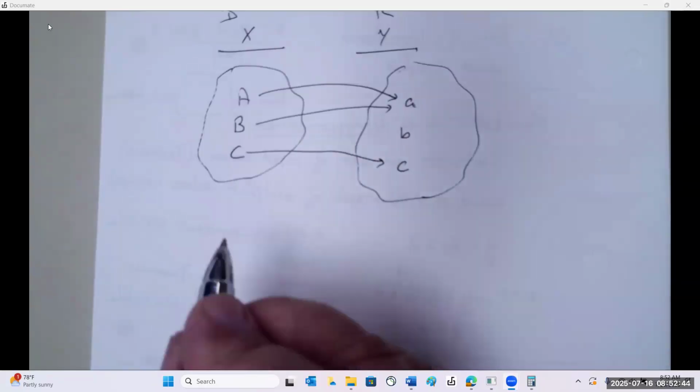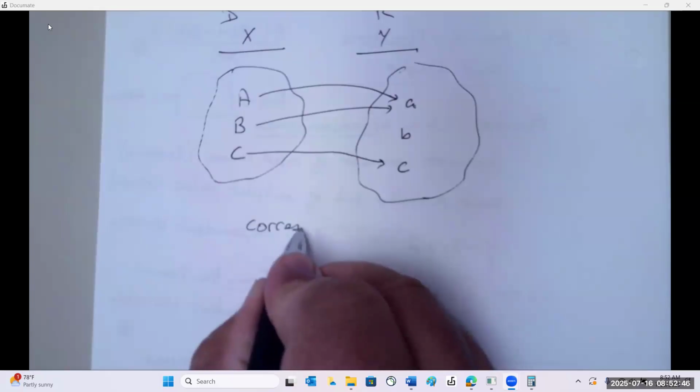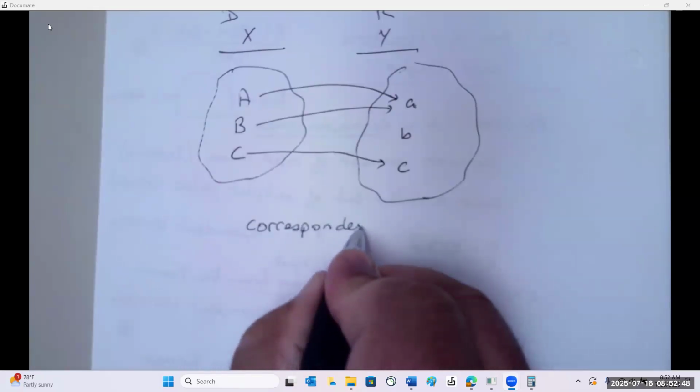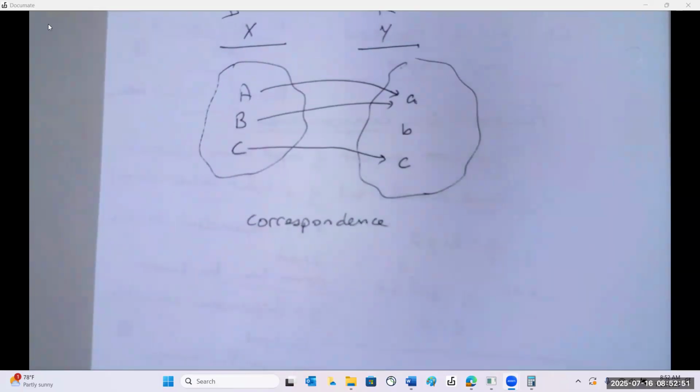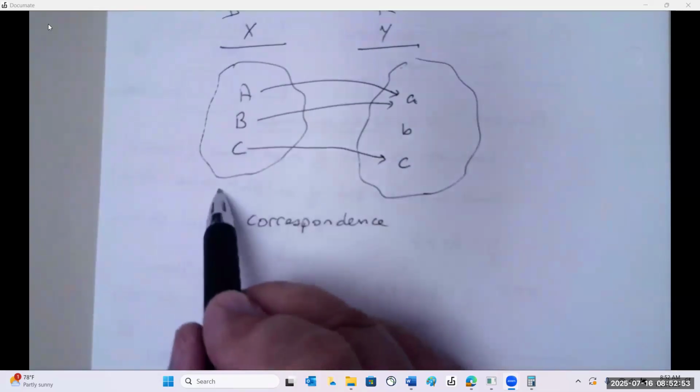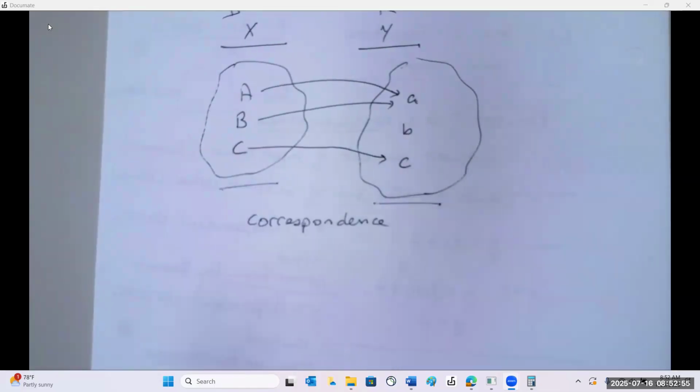Why do they use the word correspondence? There's a correspondence between each of these numbers and each of these numbers. What's another use of the word correspondence? When have you ever heard that word before? Or if you ever have heard the word before?